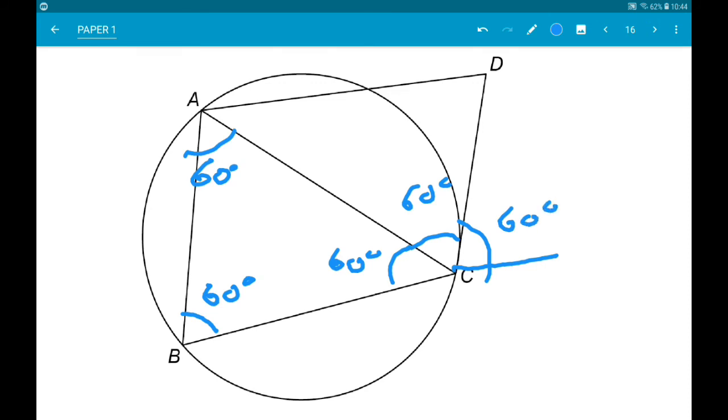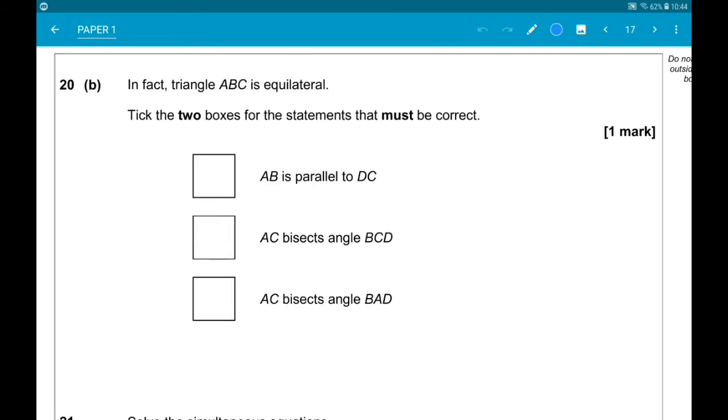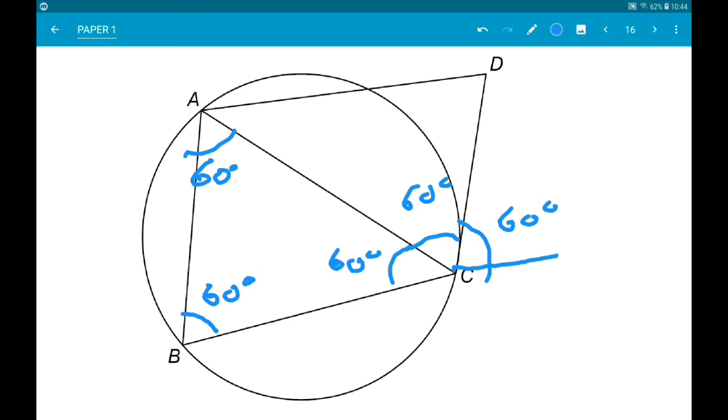So first up, AB is parallel to CD. So that must be true because again we have the two corresponding angles, they're both 60 degrees, therefore the lines are parallel.